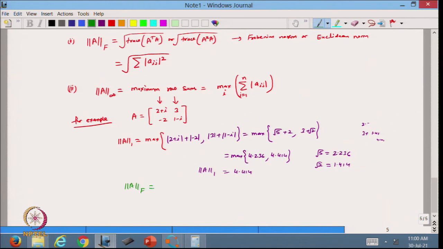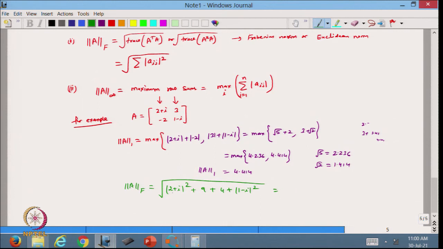Similarly, I can define another norm. Maybe I can define the Frobenius norm. In this case what I am going to do is take the modulus value of each entry and square it. So, it will be 9 plus 4 plus the magnitude of 1 minus i, and then under the root.